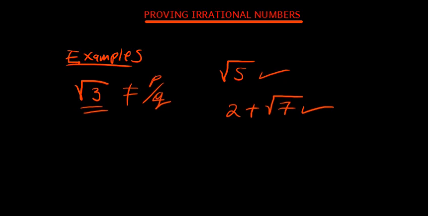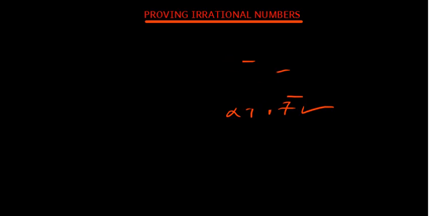So let's start now proving irrational numbers. How to prove if a number is irrational. So for example, let's prove this one is irrational.